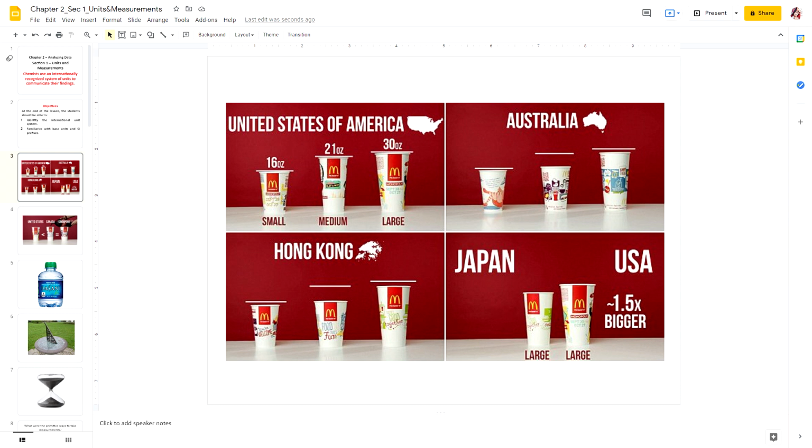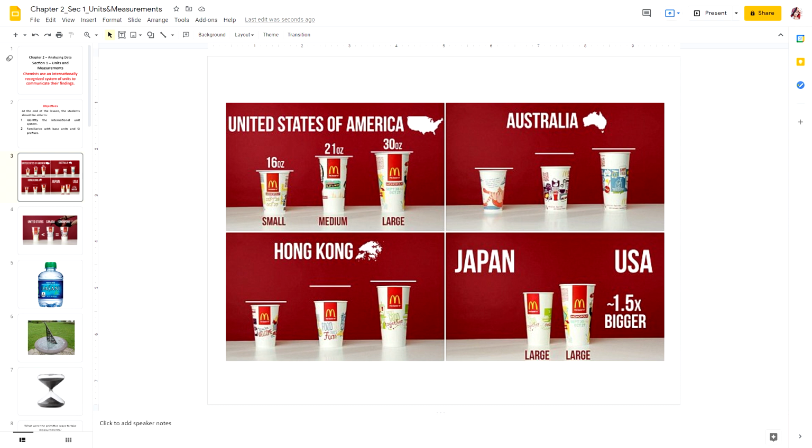So, what implication do we get from this picture? It's just like when you go to different countries, it seems that they have their own definition of the small, medium, and the large sizes, isn't it?